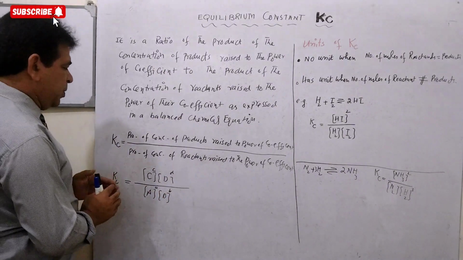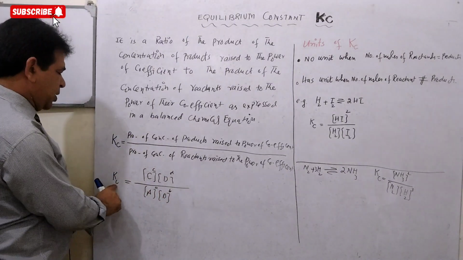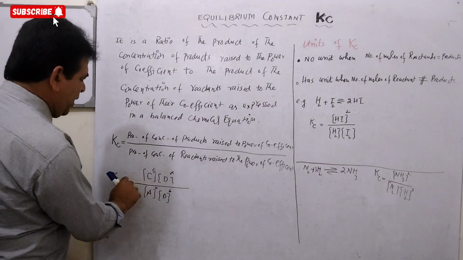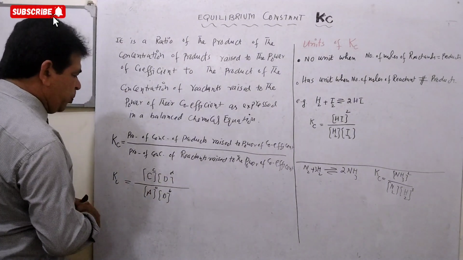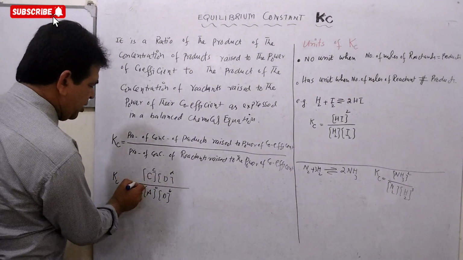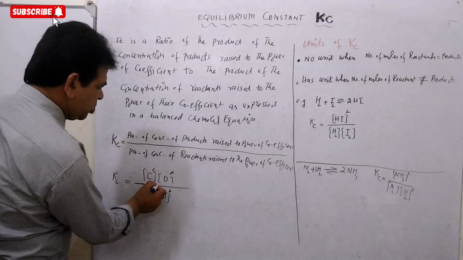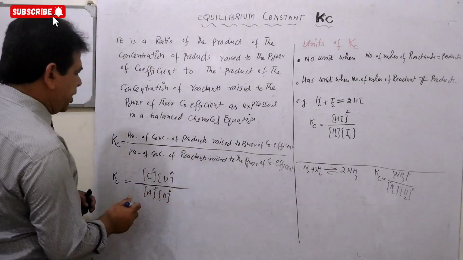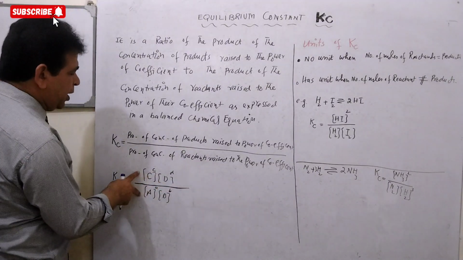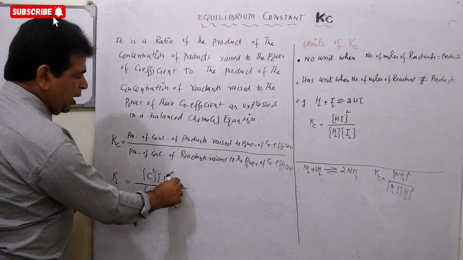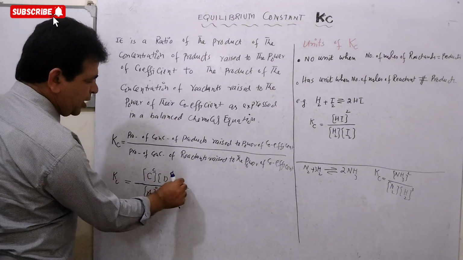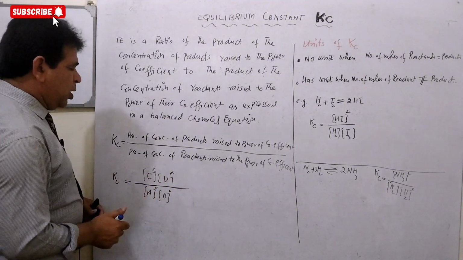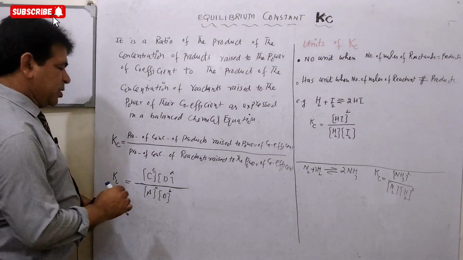When we defined the equilibrium constant Kc, we said that it is a ratio. The ratio is indicated by this line. This line shows the ratio between two things. One thing is the molar concentration of products, and the other thing is the molar concentration of reactants.